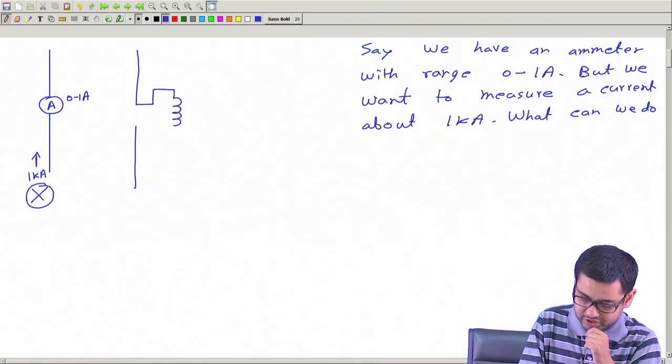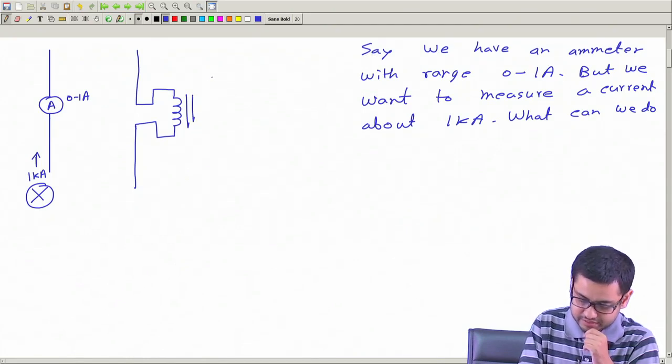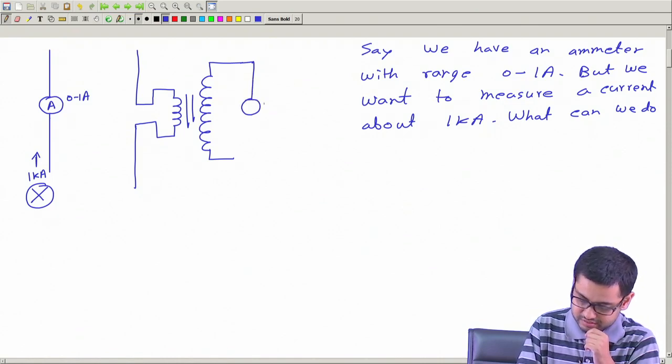The primary side of the transformer will be connected like this, and the secondary side we will connect to this ammeter. Zero to 1 ampere ammeter.